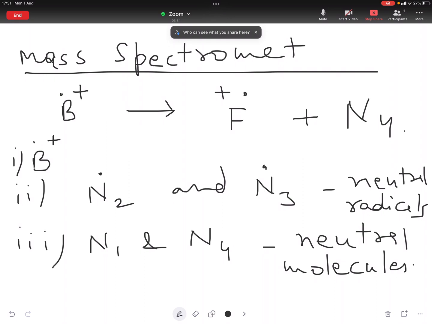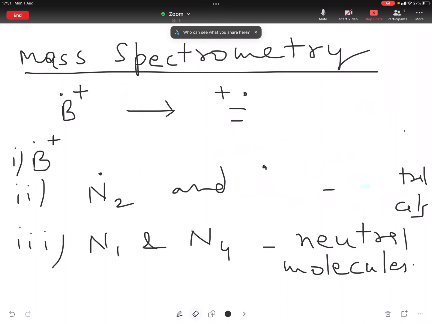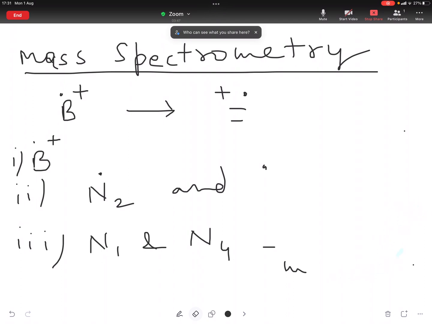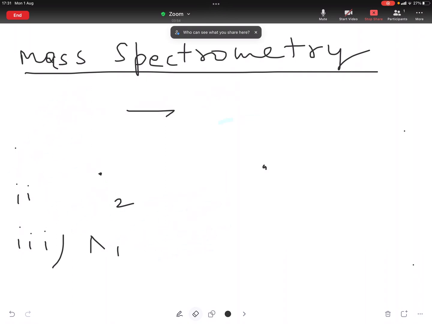Next is, what is the nitrogen rule in mass spectrometry? Nitrogen rule.